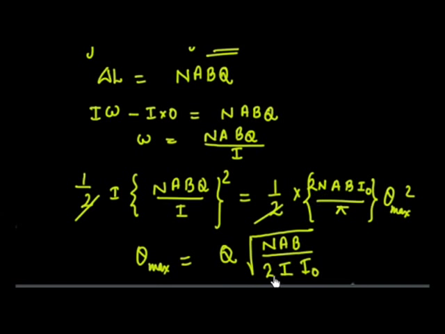Pi goes into the numerator. So this is your maximum theta, Q into NAB pi over 2I naught.